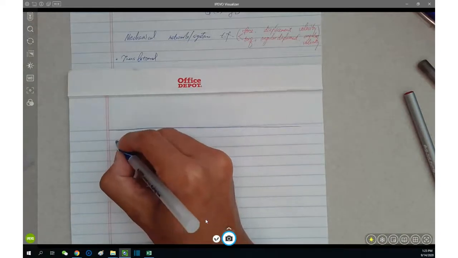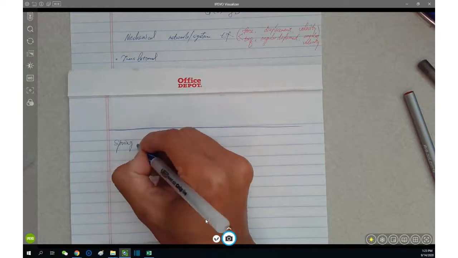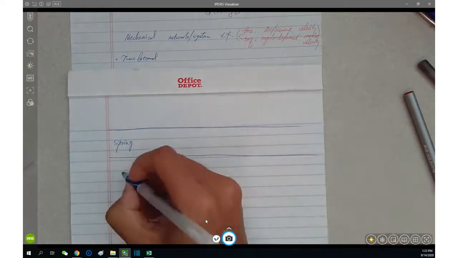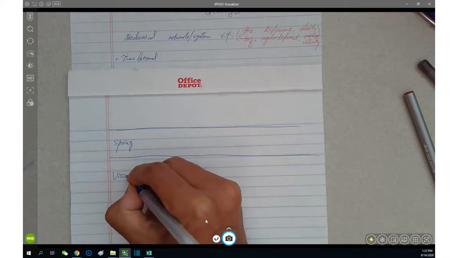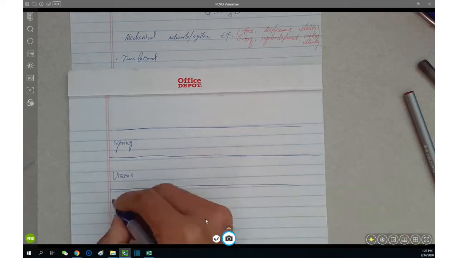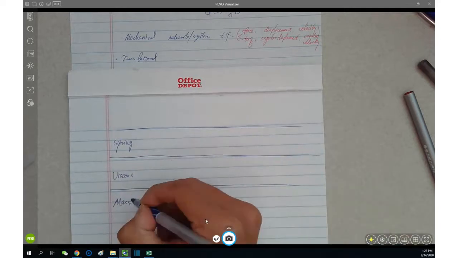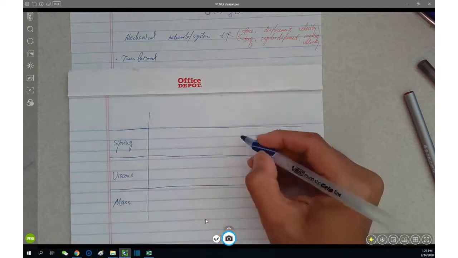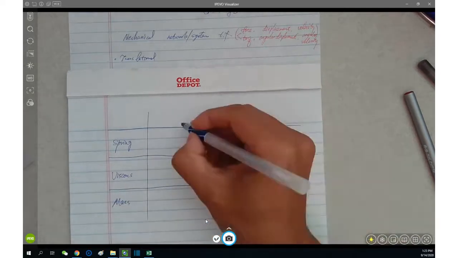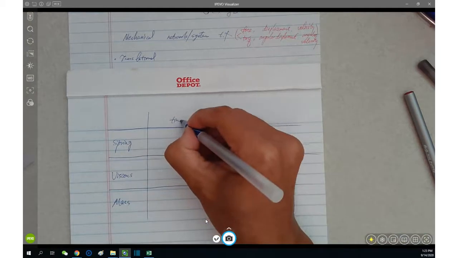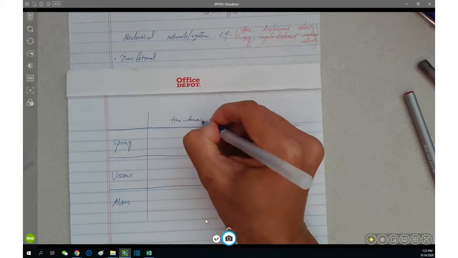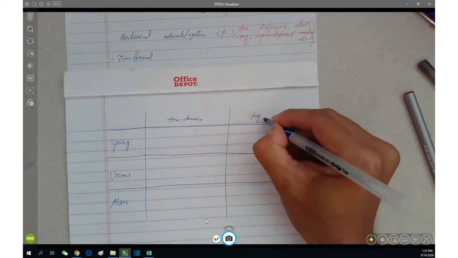The first basic component is spring. Second is viscous damping. Last one is mass. Still two columns here: time domain and frequency domain.